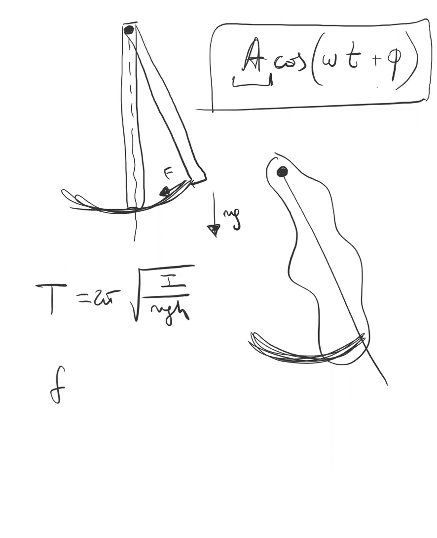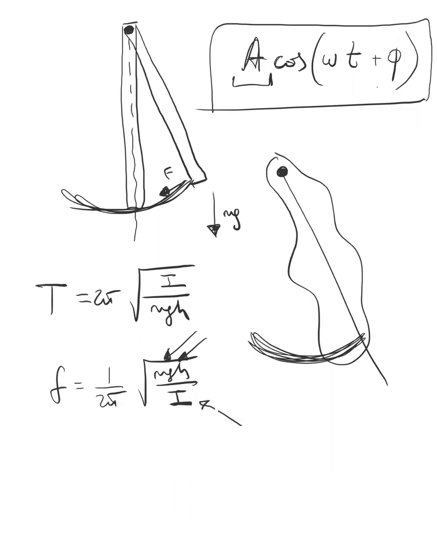The frequency is then 1 over 2 pi square root of mgh divided by I. This again makes sense: if you are heavier, then oscillations of higher frequency. If there is more gravity, oscillations of high frequency.